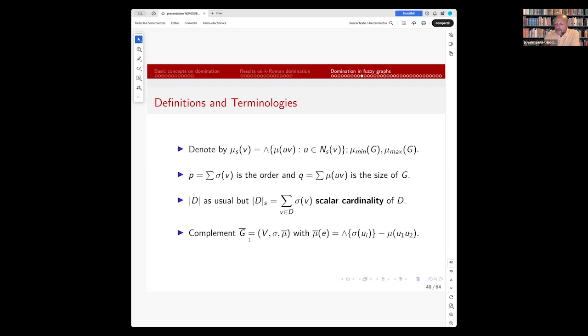Finally, we define the complement of a fuzzy graph, having the same set of vertices, but considering the complement of the membership value mu as the complement of the function mu with respect to the maximum of the membership values of the end vertices.